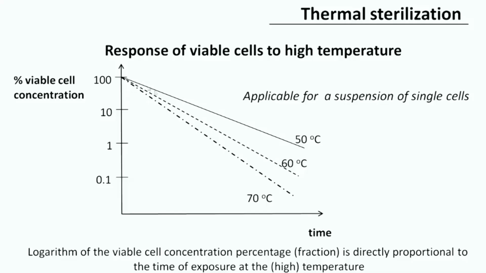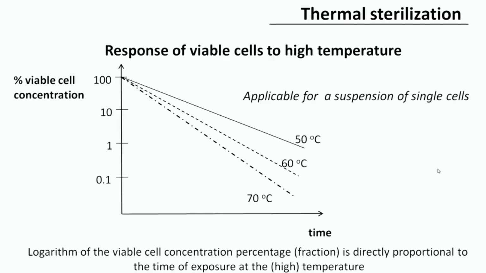And what this graph tells us is that the logarithm of the viable cell concentration, this is on a log scale, the logarithm of the viable cell concentration percentage or a fraction (that fraction times 100 is percentage) is directly proportional to the time of exposure at the high temperature. So, this is the kind of behavior that we see when we expose single cell suspensions to high temperature.